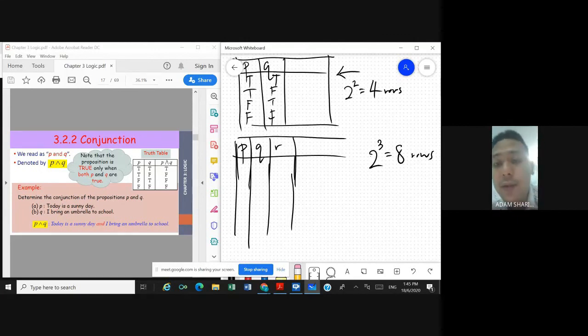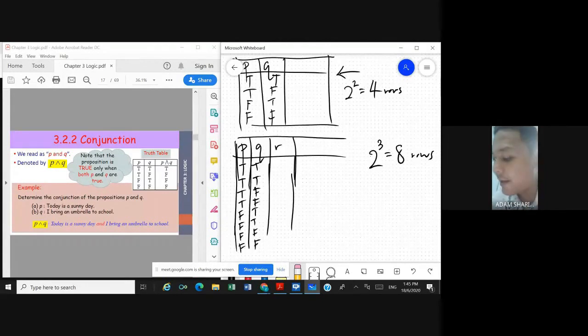I hope you will use the same structure, because a different structure will get a different arrangement of the answers. P: true 4 times, false also 4 times. Q: T 2 times, F 2 times, alternately, T 2 times, F 2 times.